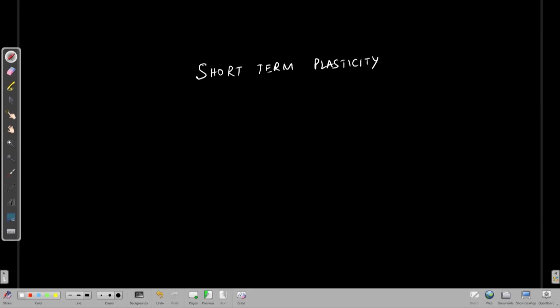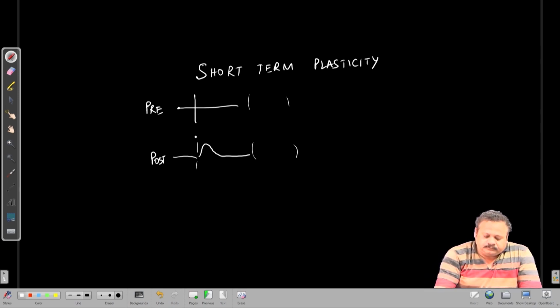So, first of all, in order to see short term plasticity, we had said that if we measure the postsynaptic potential, let us say after we presynaptically produce a spike. So, I am drawing average diagrams here. We do this multiple times with enough gap and measure the postsynaptic potential, and we had said that there is some manipulation that is being done, and then we are measuring again.